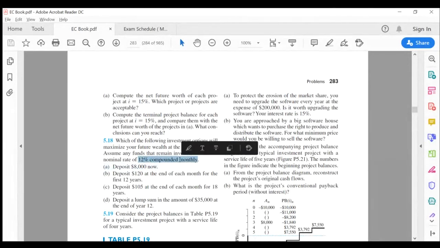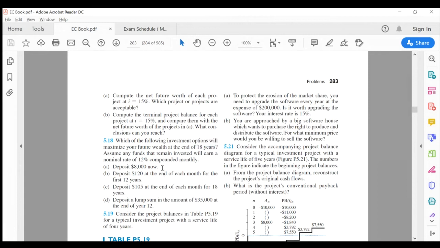I think 12% will become 12.68. We solved it before in chapter 4. So your interest rate I for this one will be 12.68, and then you can calculate F equal to P, which is 8,000, times 1 plus I to the power n, which is 18. Very similar.